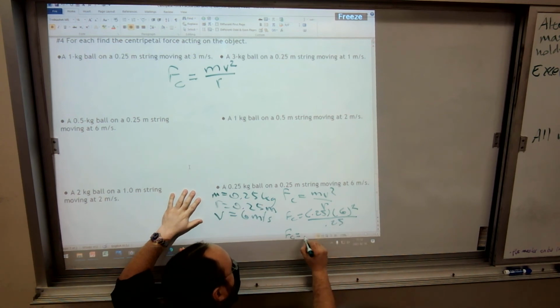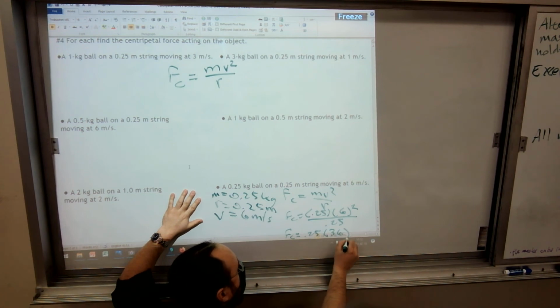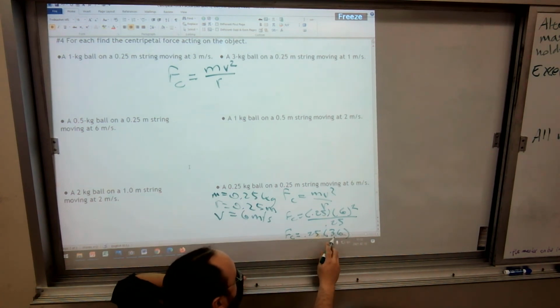0.25 times 6 squared, will that be 0.25 times 36? And I know what 36 divided by 4 is. That's 9. 9 times 4 is 36, right? So 0.25 times 36 would be 9.